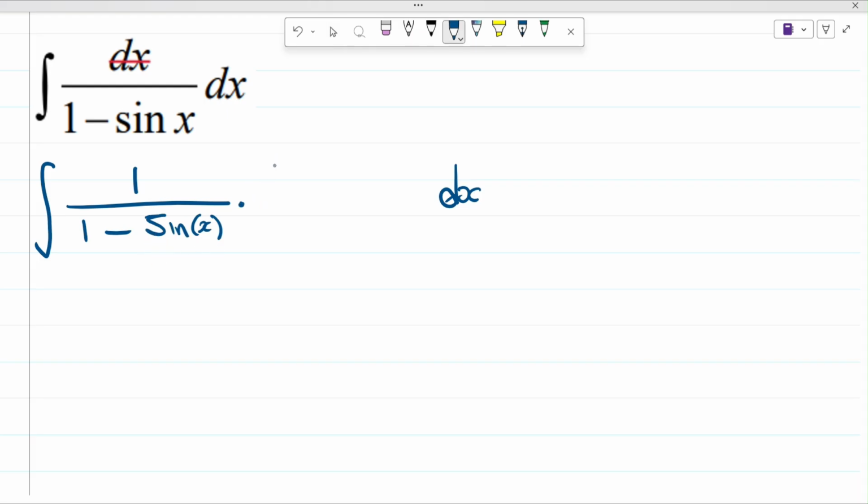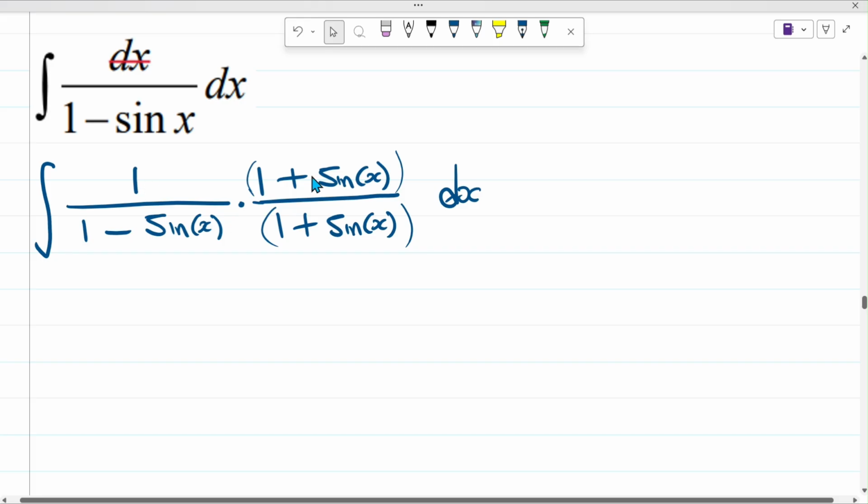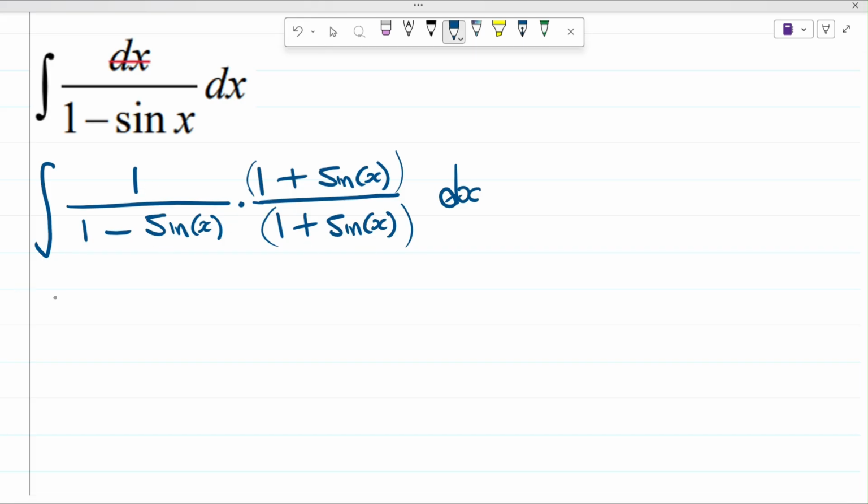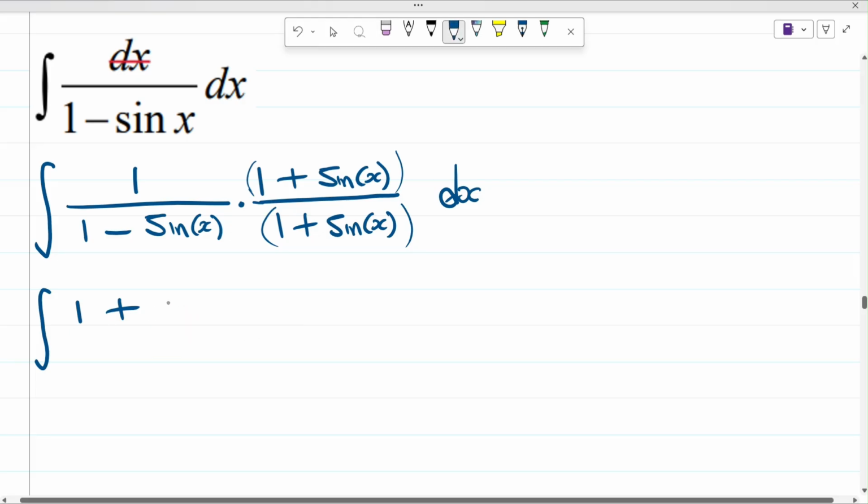That means we are going to multiply by 1 plus sine of x divided by 1 plus sine of x, just like this. Then we multiply the numerator with the numerator, and the denominator with the denominator. What I'm going to get there is 1 plus sine of x on our numerator. What is this guy doing?